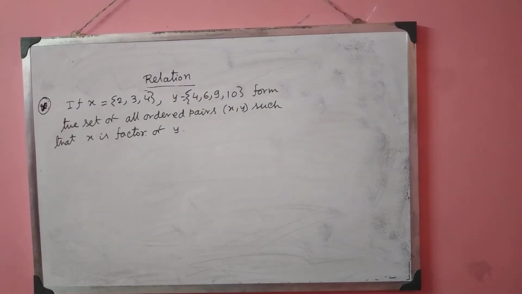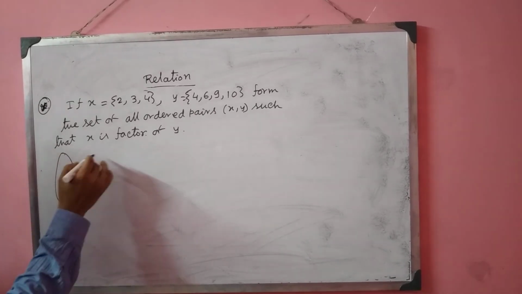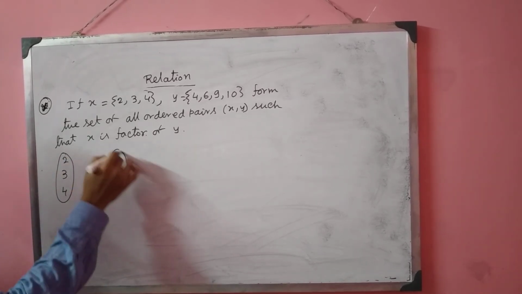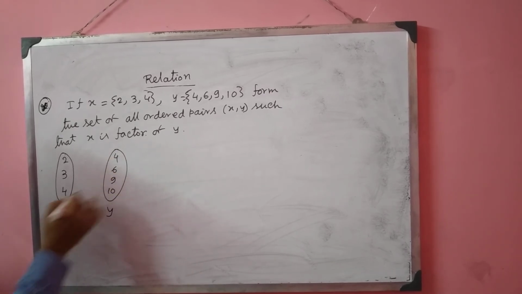Here x is {2, 3, 4}, y is {4, 6, 9, 10}, form the set of all ordered pairs (x, y) such that x is a factor of y. This is x {2, 3, 4} and this is y {4, 6, 9, 10}.